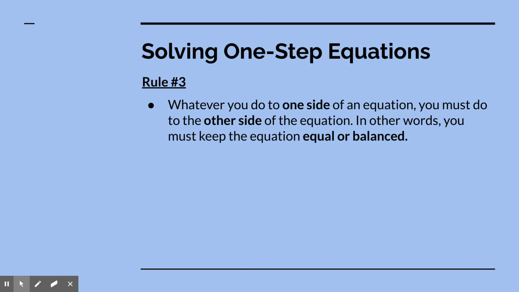But I will be asking you as we practice these, if you've got to add 9 to both sides and you just say you've got to add 9 to one side, I'll ask, are you sure it's only the one side you have to do that to? That may seem redundant and a little silly, but it's an important concept to remember. What you do to one side of an equation, you have to do to the other.